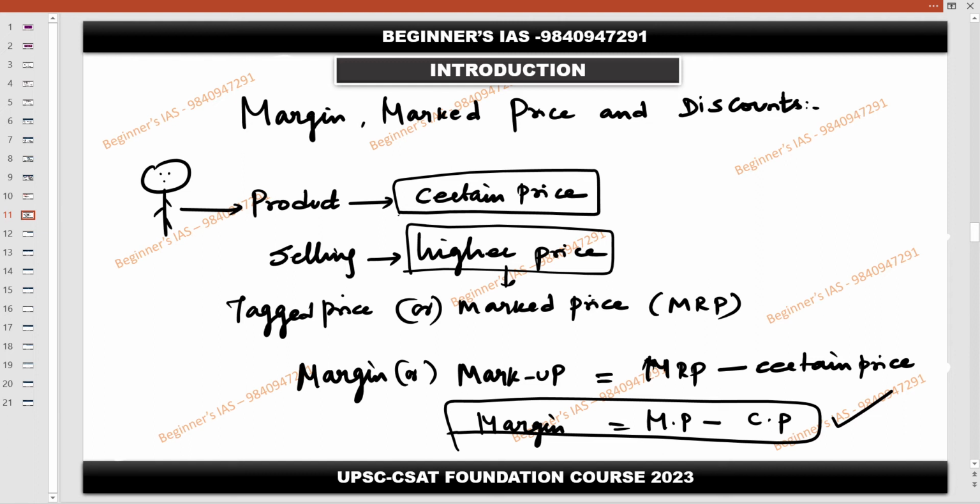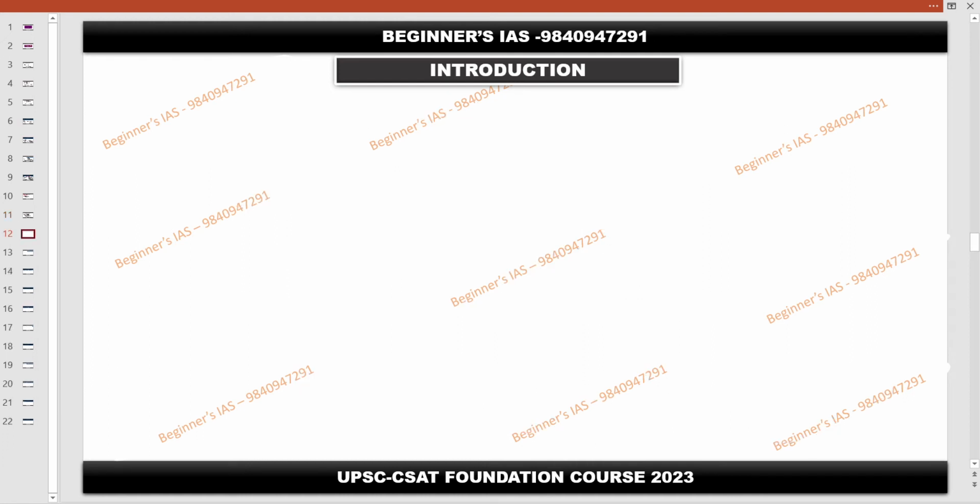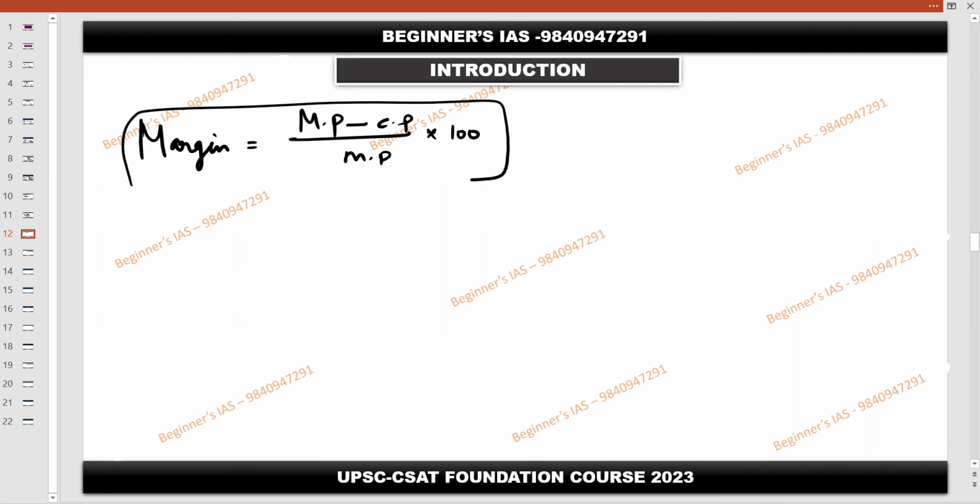Now, how to calculate the margin percentage? The same concept as with profit applies here: MP minus CP by MP into 100. This is nothing but the margin percentage. So they will ask you to find out the marked price.